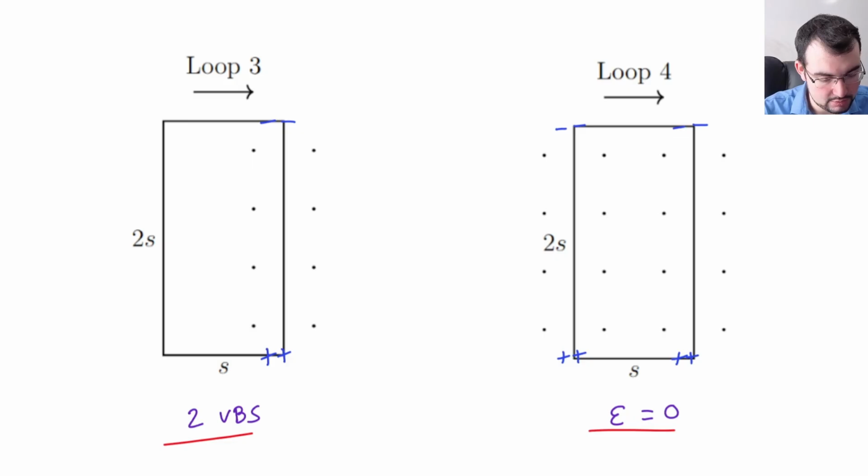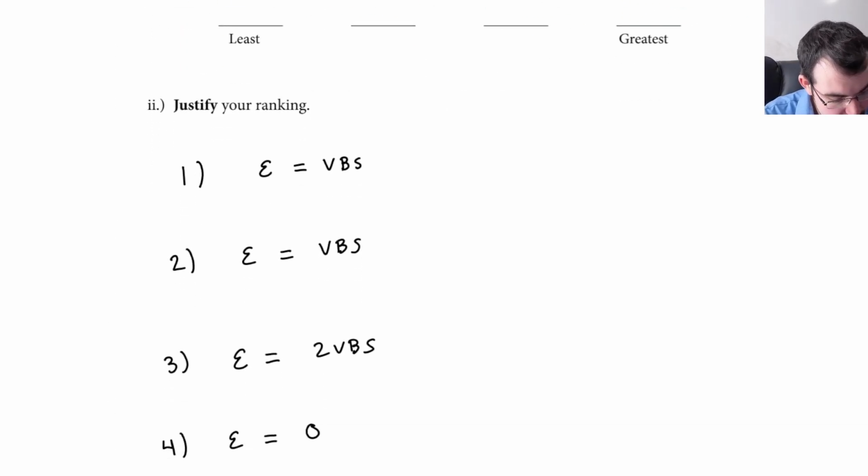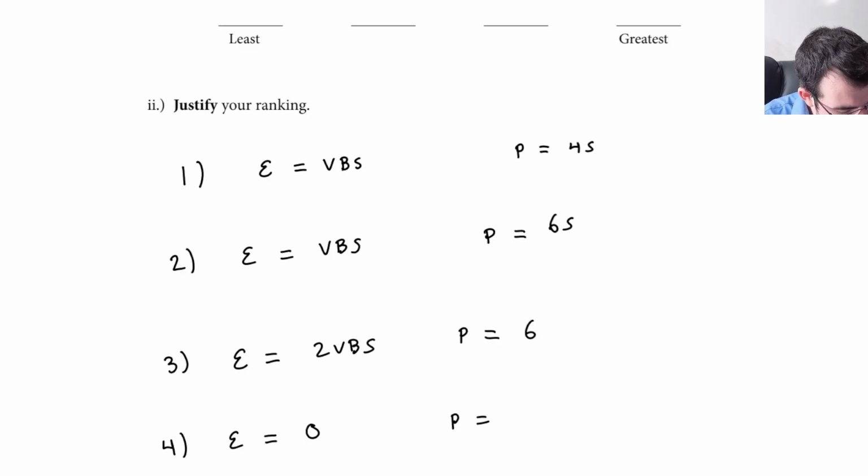And the other one is also the same dimensions. So the perimeter of the 1 by 1 is 4s, and these perimeters were all 6s, because you had two 2s and two 1s.